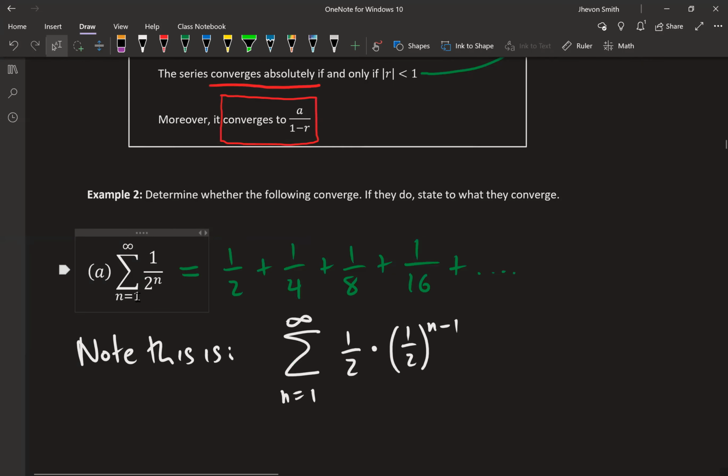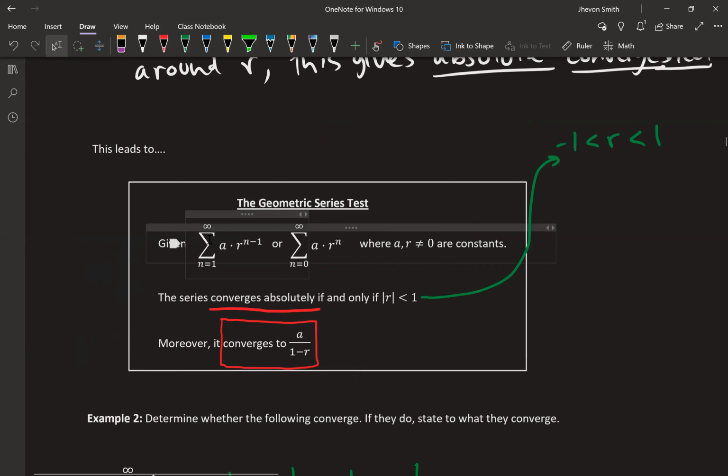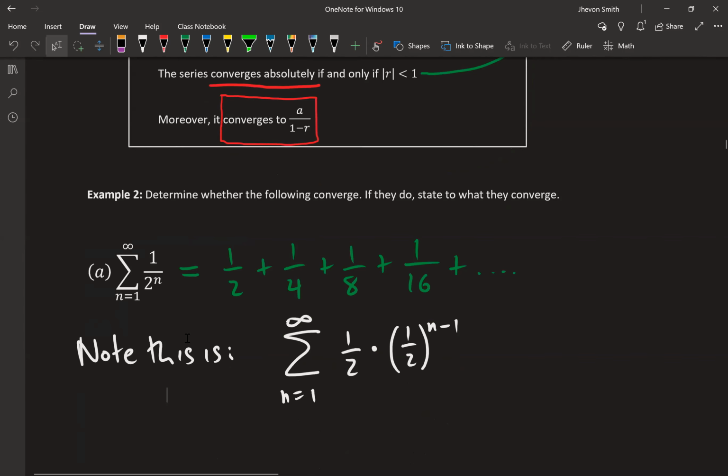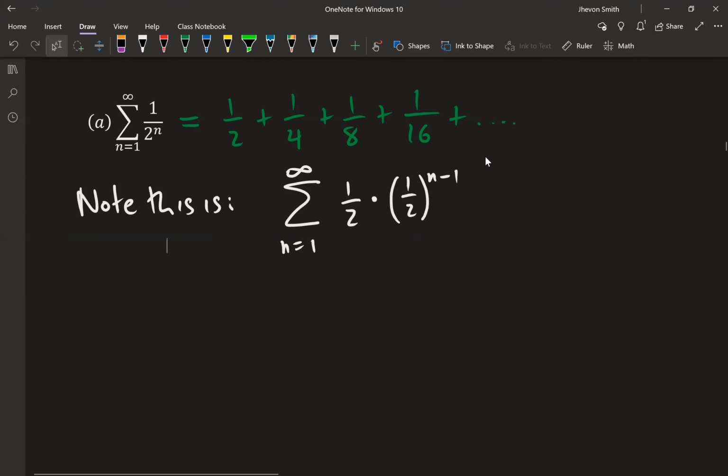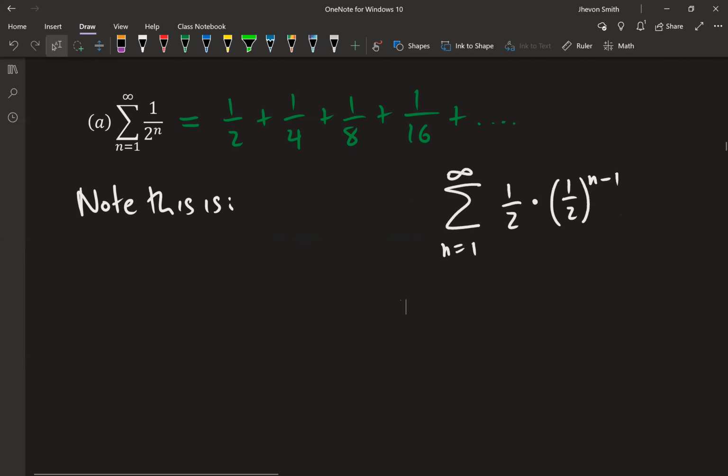Because this one starts at n equals 1, I know I want to write it to look like this form right here, a times r to the n minus 1. So notice that 1 over 2 to the n, I can just think of that as a half raised to the nth power.